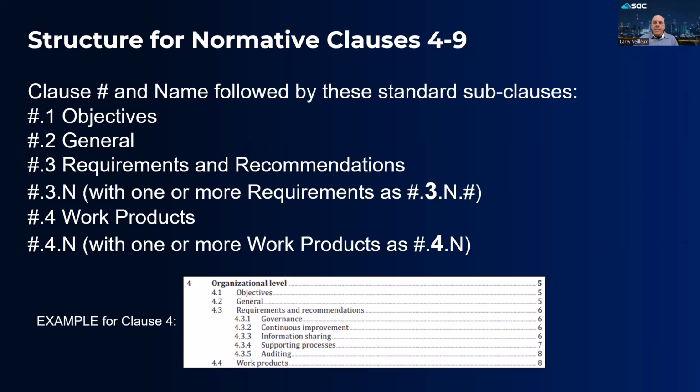I have included an example from the document for clause 4 here. It is notable that subclause 3 for requirements and recommendations has more than one subclause. Clause 4 depicted here has 5 requirement subclauses.